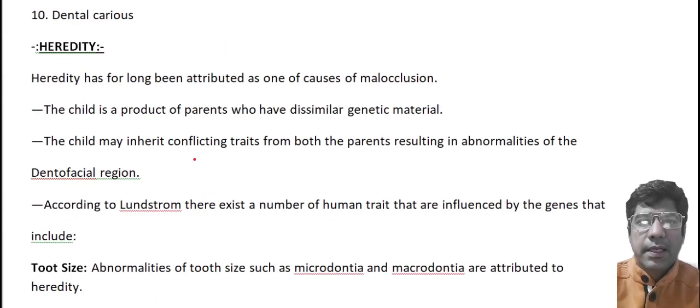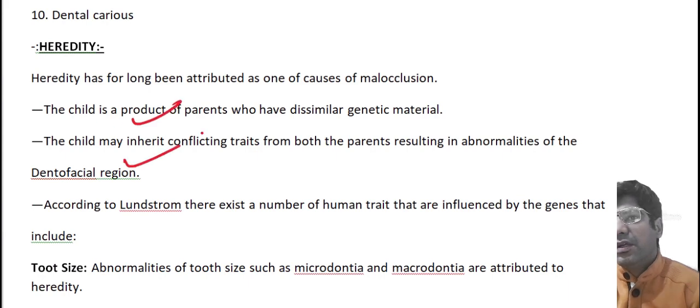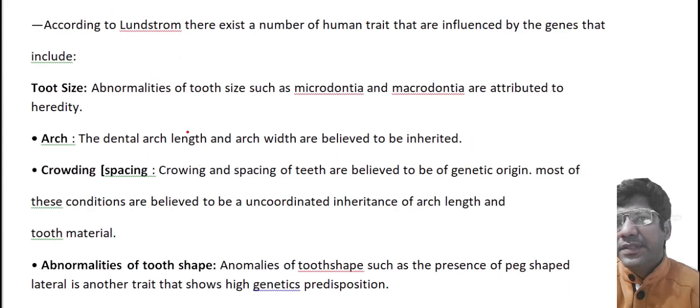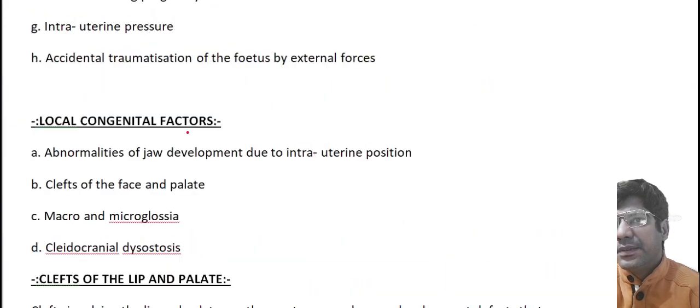The hereditary genetic transmission contributing to malocclusion, congenital anomalies, condition existing at the birth, tooth size anomalies, arch crowding, abnormalities of tooth shape, all these are considered.